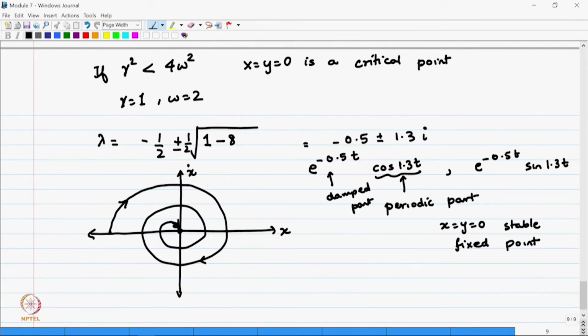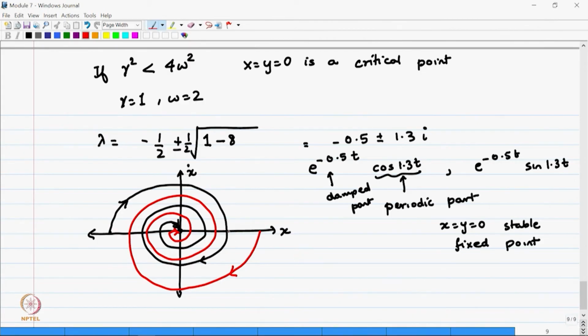You can look at several other solutions. For example, you can take another solution that you may start here, then it will go like this. What is important is that these are two trajectories. That means if you start here, you will go like this all the way till you end up here.